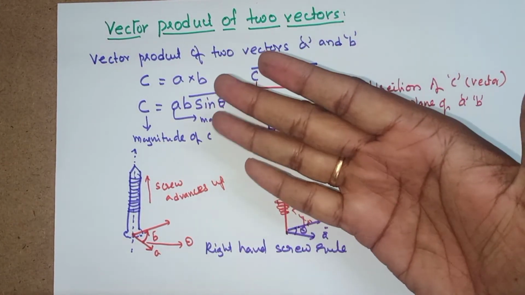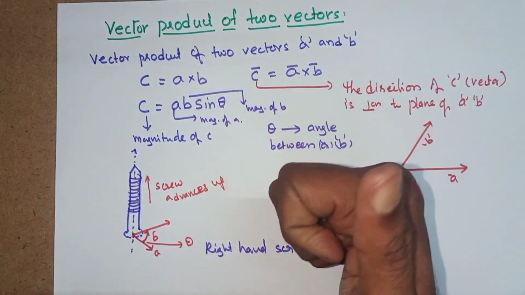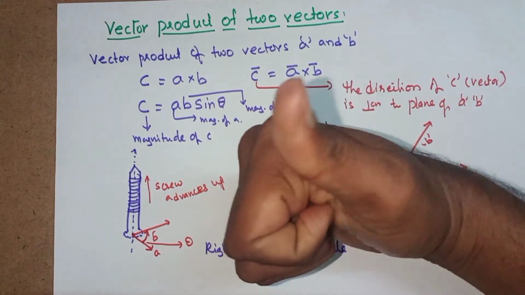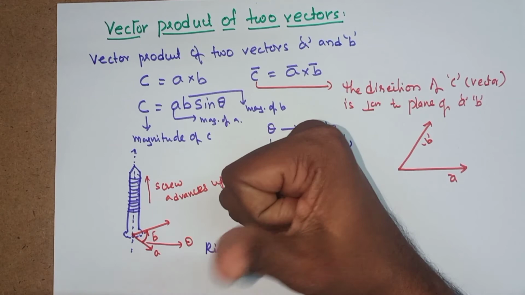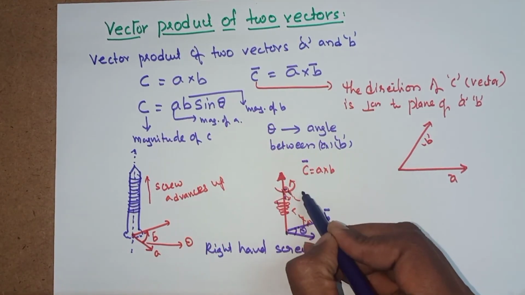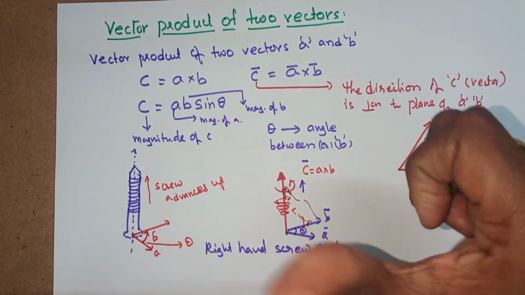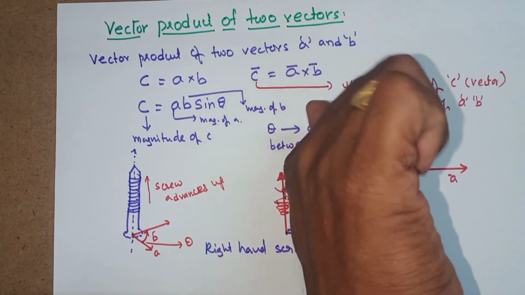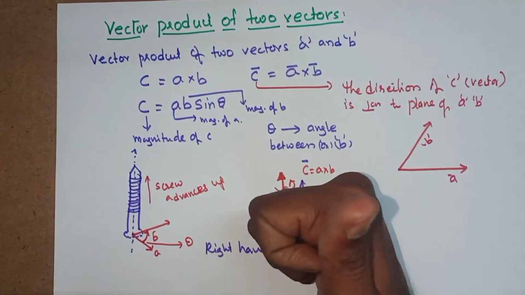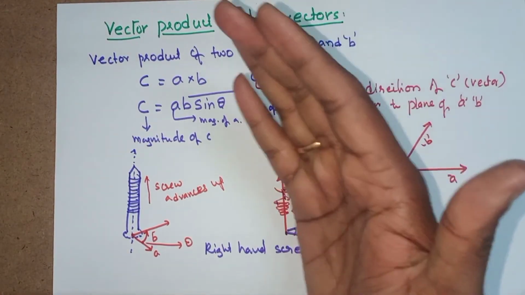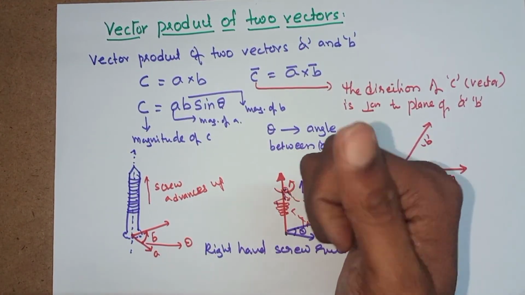Curl the fingers, and while we move from A to B, the thumb indicates the direction of the C vector. If you move in this direction, the thumb points downwards; if you move the other way, the thumb points upward. The curled fingers and thumb indicate the resultant vector.